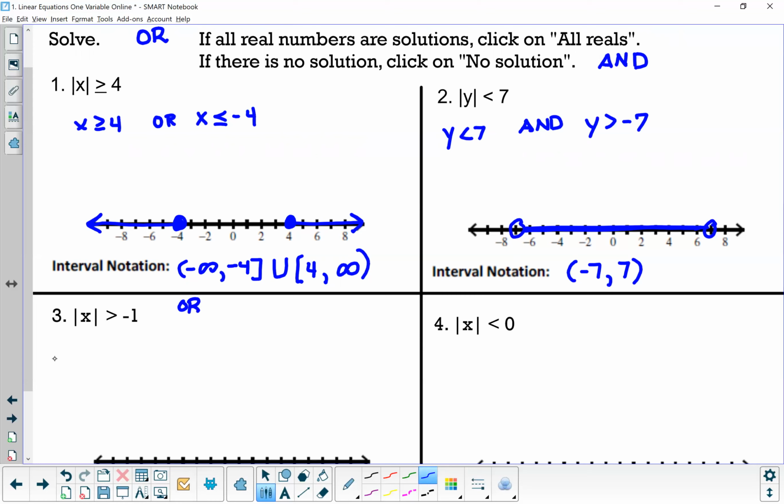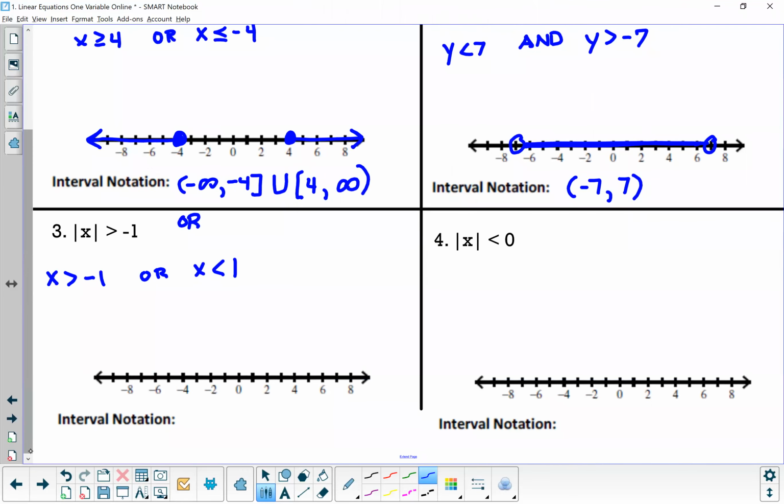So that means I would write the x is greater than -1 or x is less than 1. Okay, if I do scratch work for that, x is greater than -1. That will be an open circle at -1, and I'm shading to the right. If I do x is less than 1, that will be an open circle at 1, and I'm shading to the left.